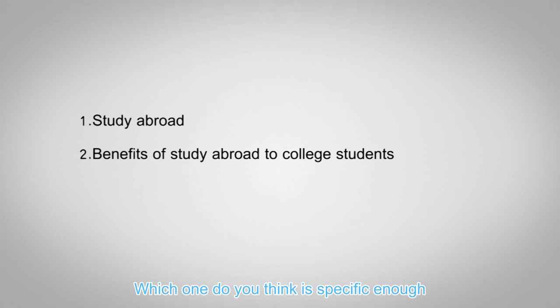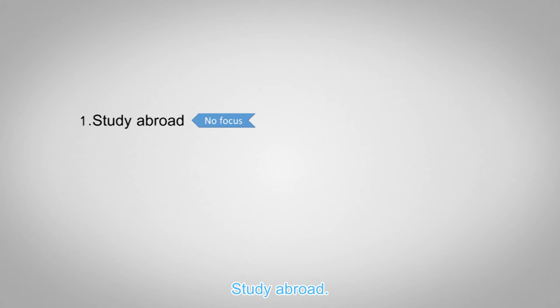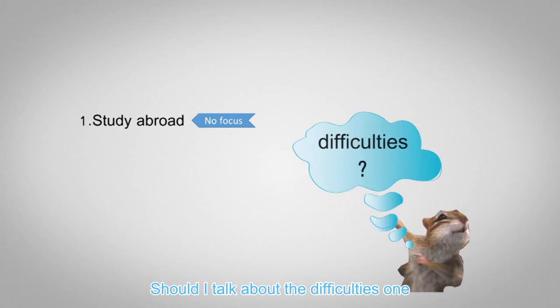Which one do you think is specific enough for an essay? Yep, the second one. The problem with the first topic is there's no focus. Study abroad. What aspects of the topic should I write about? Should I talk about the difficulties one may be faced with when studying abroad?